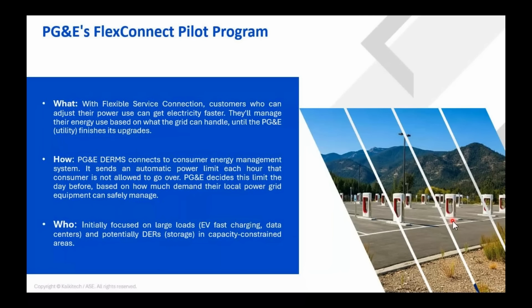The program may also apply to large energy storage systems connecting in these capacity-limited areas of the grid. So, in essence, FlexConnect is a targeted program enabling key electrification projects to overcome interconnection delays and move forward faster through smart, flexible participation with the grid.